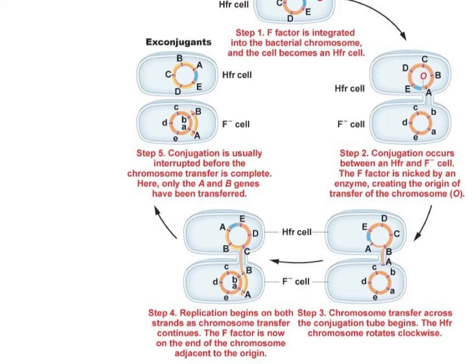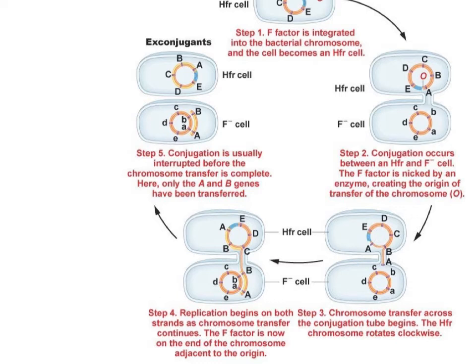gene B, okay? And so the X conjugates consist of a cell that has the normal, what we started with, the HFR cell, A, B, C, D, E dominant alleles, and the F factor stuck in there.